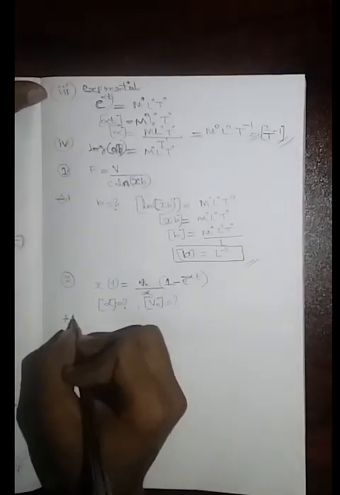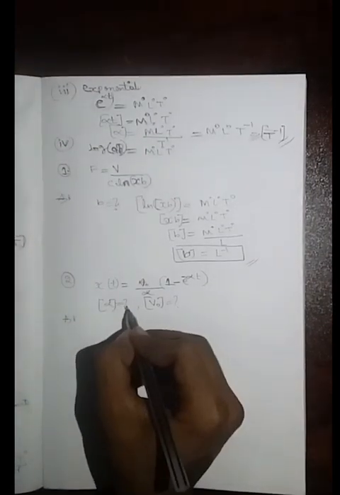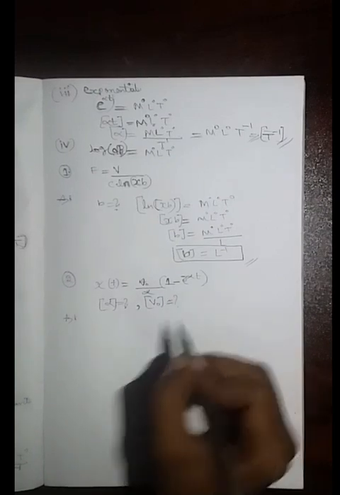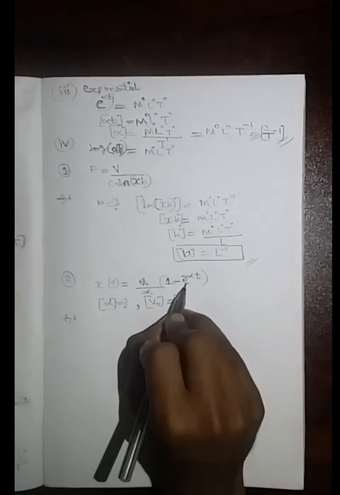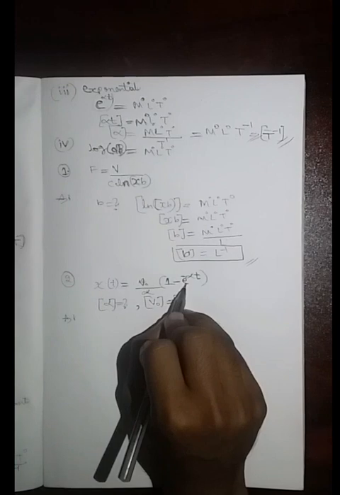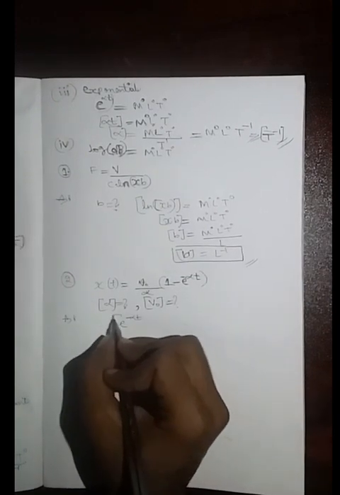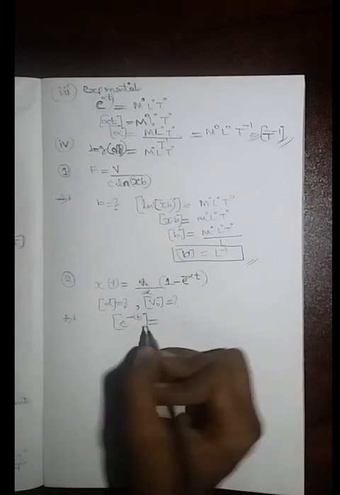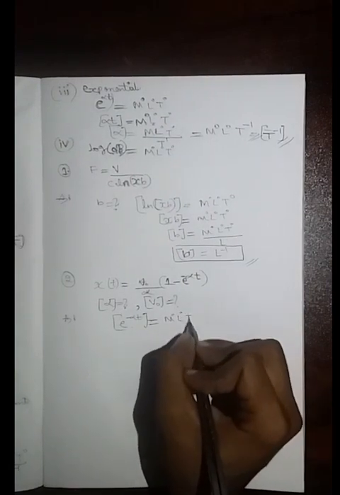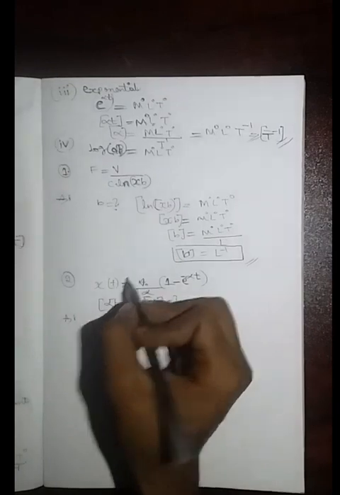While analyzing the question, we can see that we have an exponential function, and we know that an exponential function does not have any dimension. So its dimension will be taken as M power 0, L power 0 and T power 0.